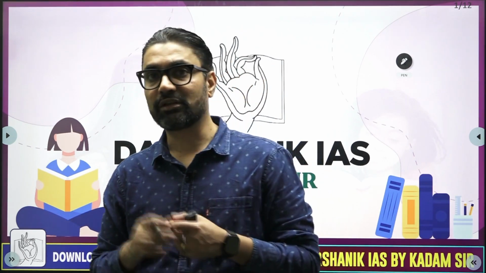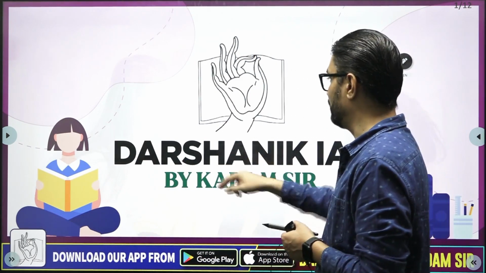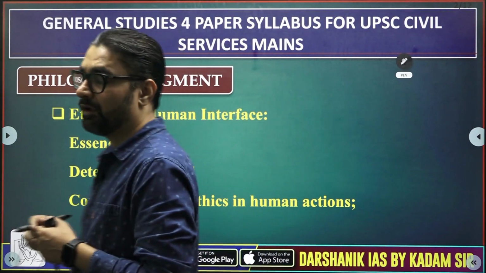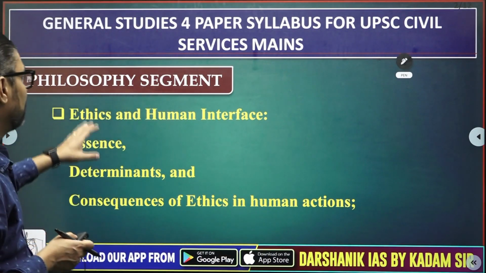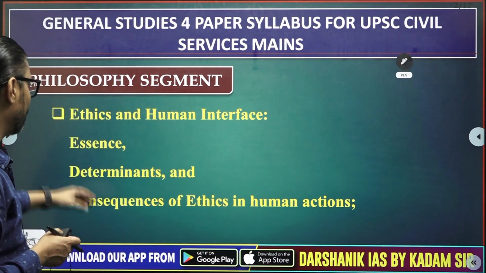So today guys, on the platform of Darshanik IAS, I am going to discuss with you the important topic that is there in your syllabus. Your UPSC ethics syllabus starts with the philosophy segment, and in the philosophy segment they have mentioned a few topics.